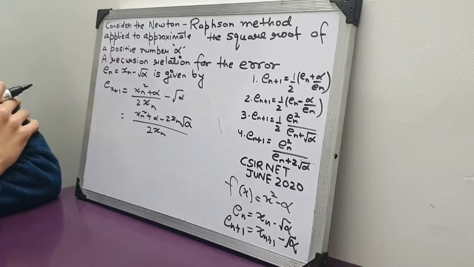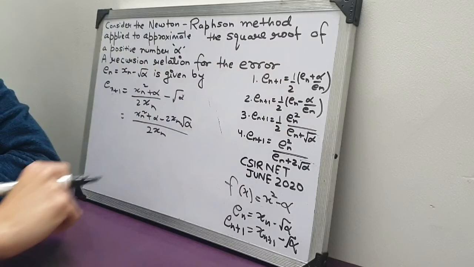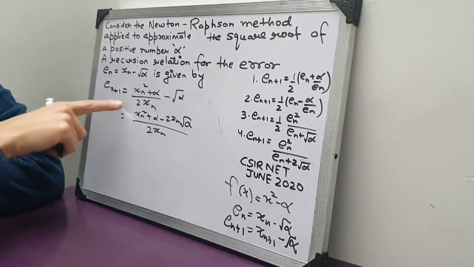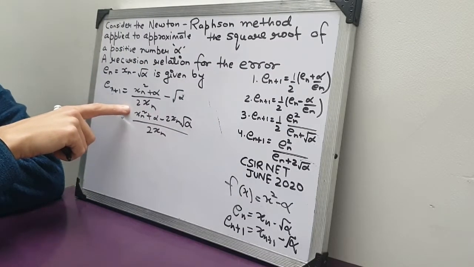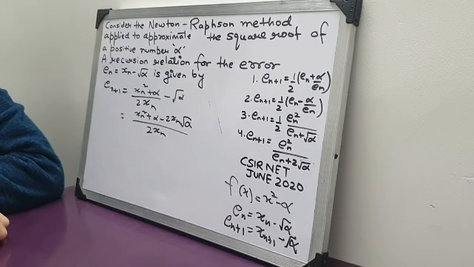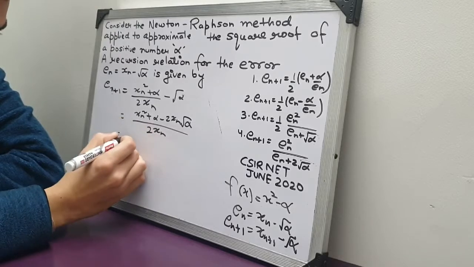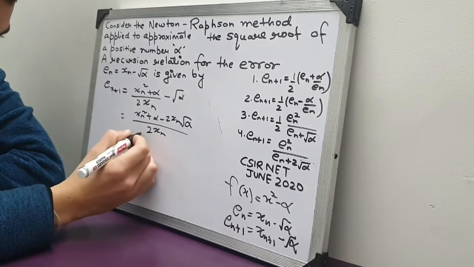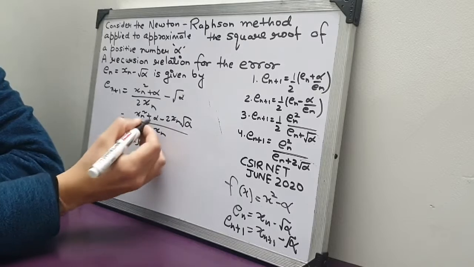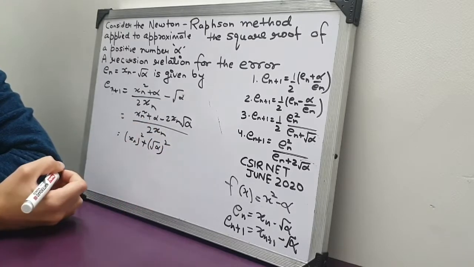Fine. Now try to observe from the options which are given to us how we can manipulate this expression to rewrite in terms of the given expressions. If I again rewrite my first expression, it can be written as xn square. This alpha can be written as square root of alpha square. Fine.